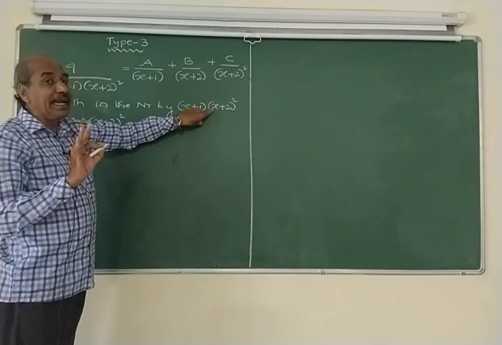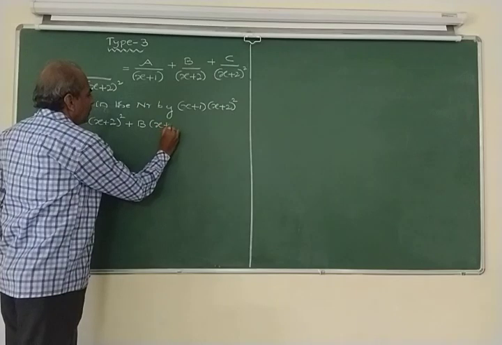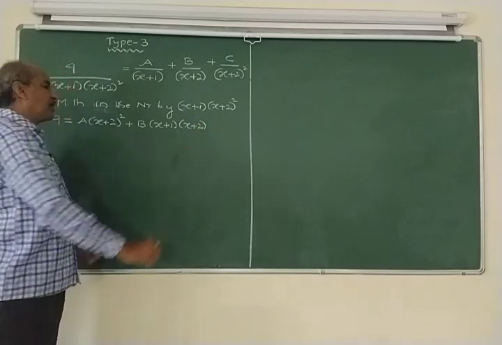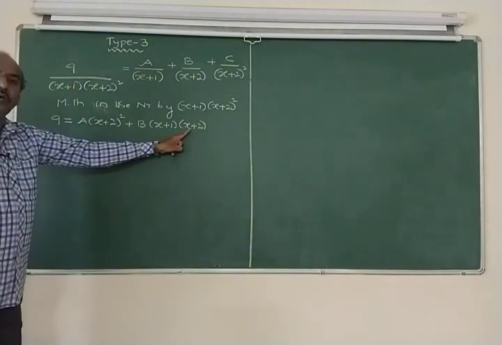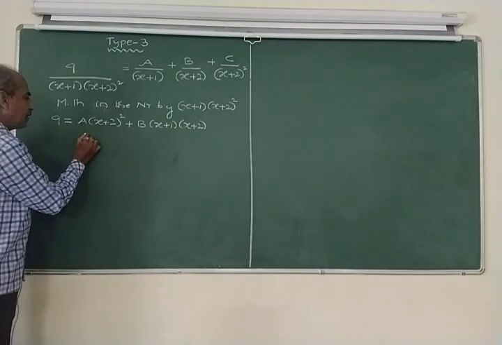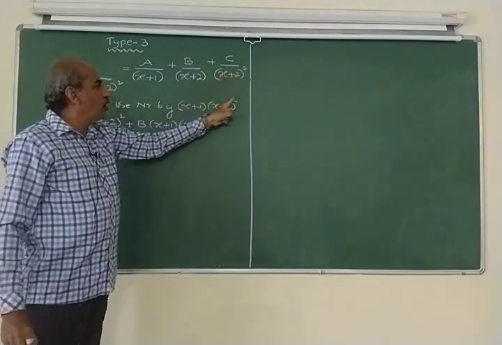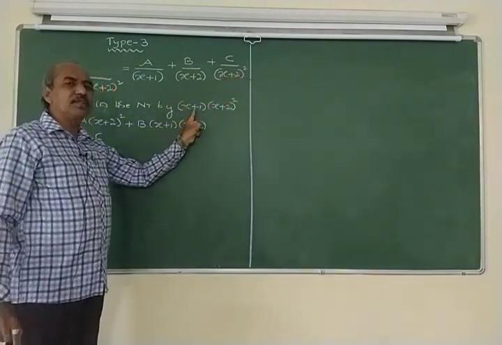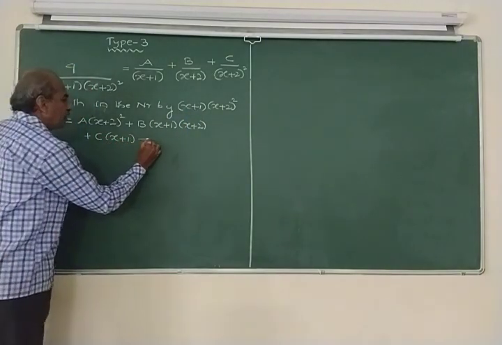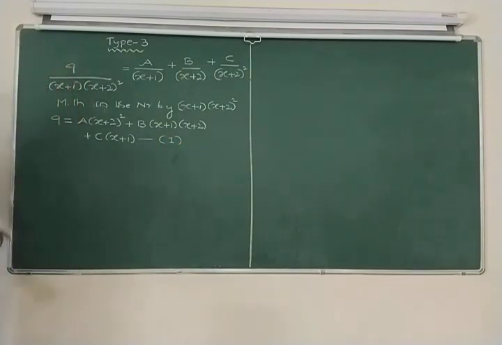One x plus 2 will cancel. Therefore, you have x plus 1 left, and only x plus 2. That is B times x plus 1 into x plus 2, plus C into x plus 2 the whole square, x plus 2 the whole square cancels. What is left now? C times x plus 1. So, let it be equation 1.